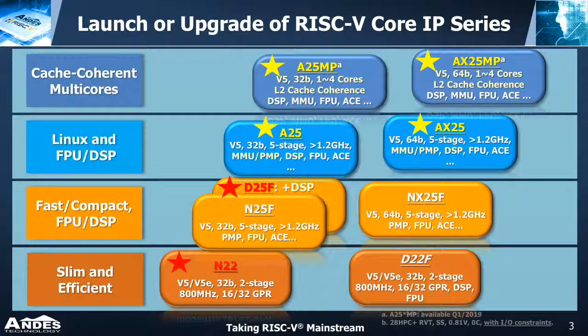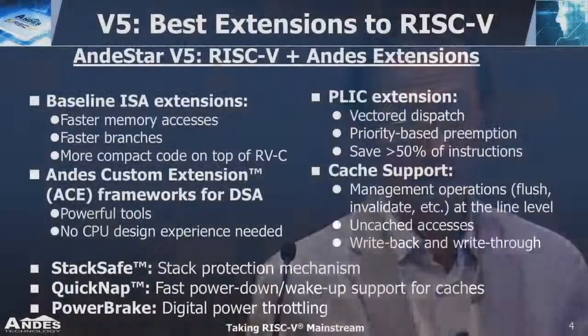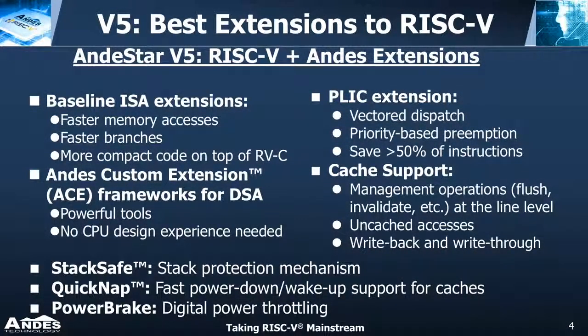Taking this feature, Andes also built its own secret sauce on RISC-V, which we call the Andes extensions, that make the core run faster, perform better and consume less power.